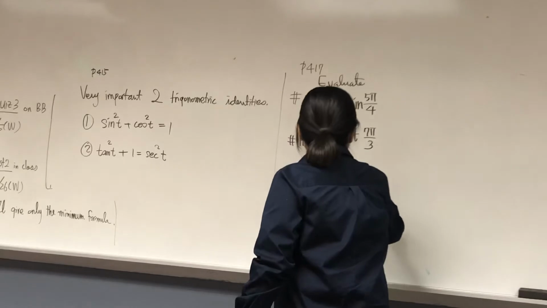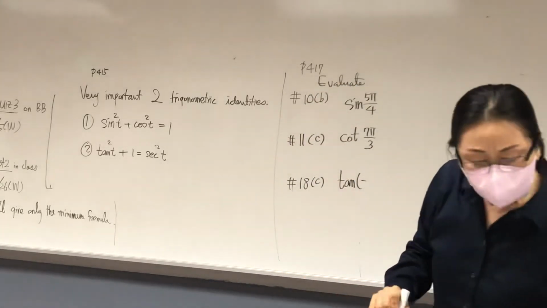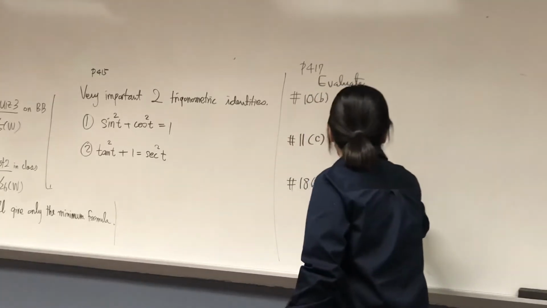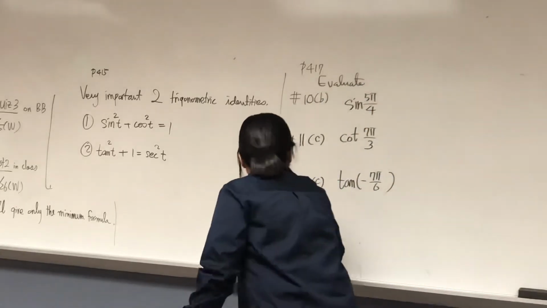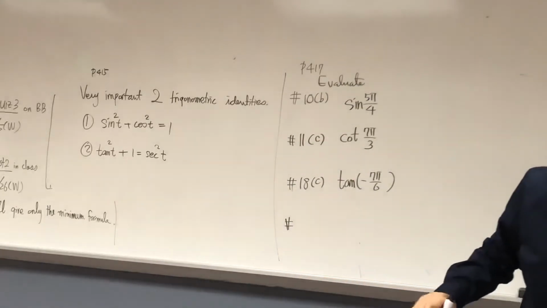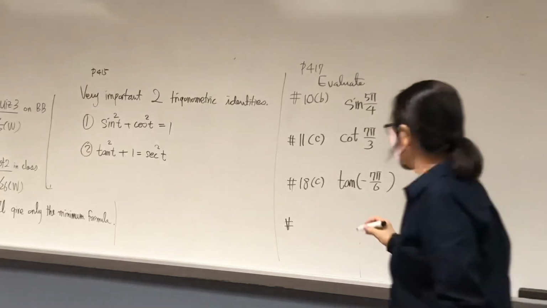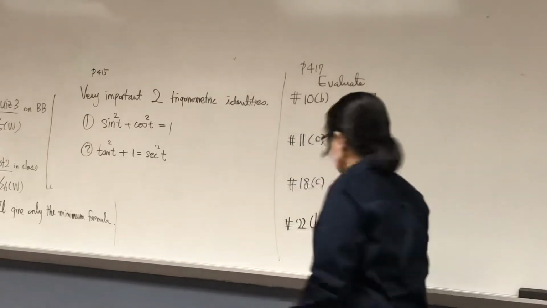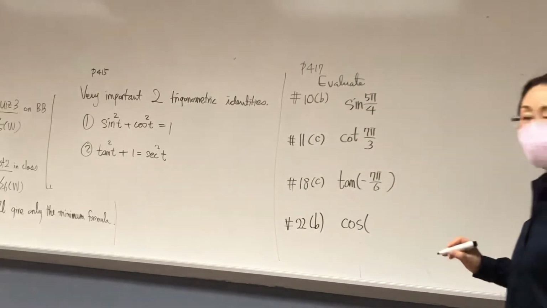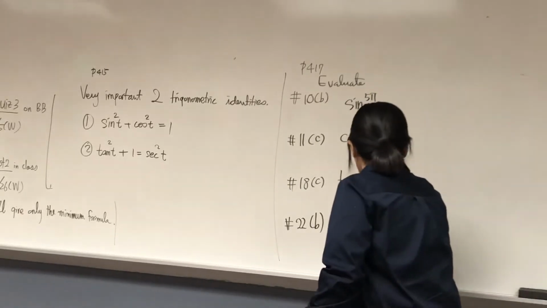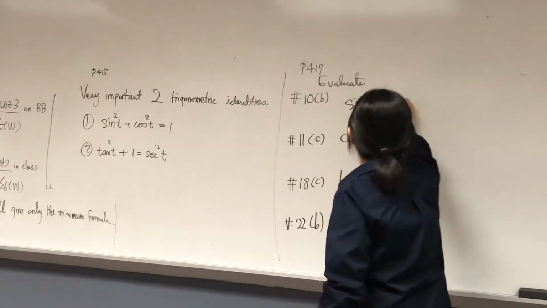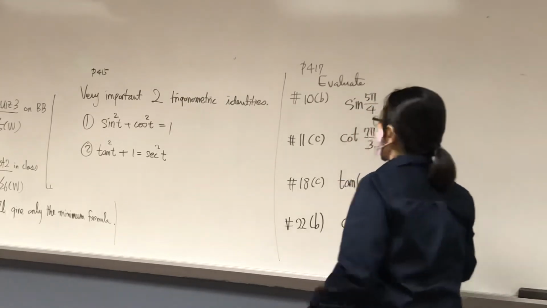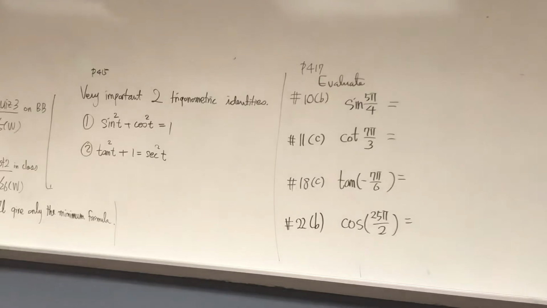Tangent negative 7 pi over 6. 22B. Cosine 25 over 2. Okay. I will give you 5 minutes and then I will invite you guys.